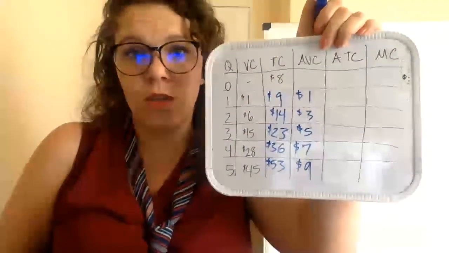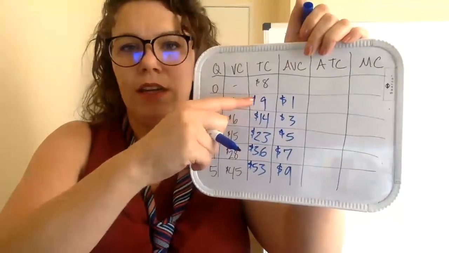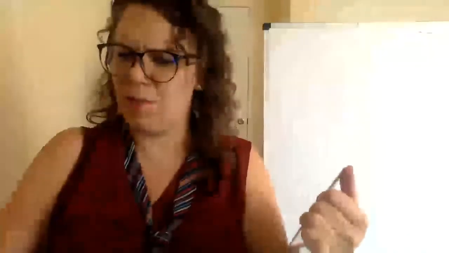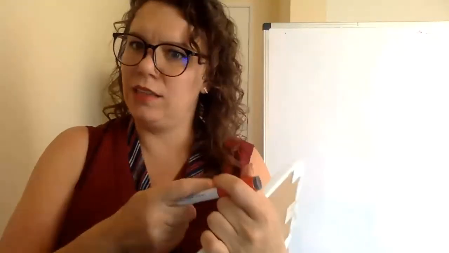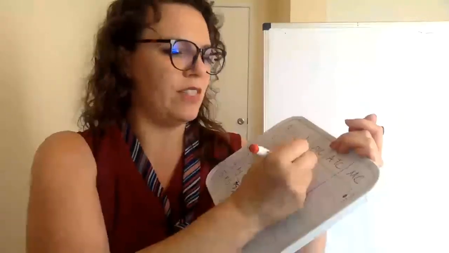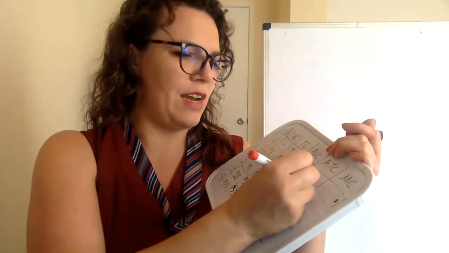Same thing for average total cost. We take total cost here and divide it by quantity here. So let's do it in another color just to keep things fun, because we can. If not now, then when. So 9 divided by 1 gives us average total cost of 9.